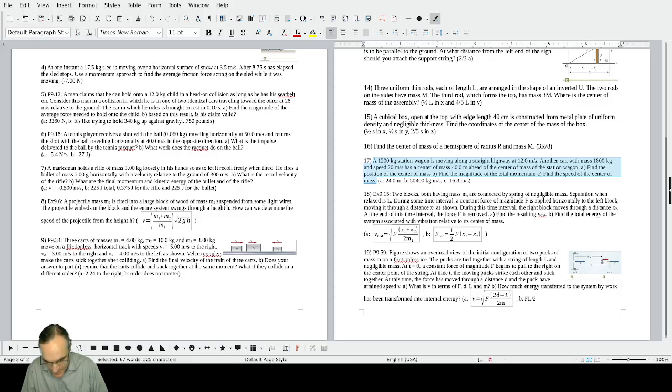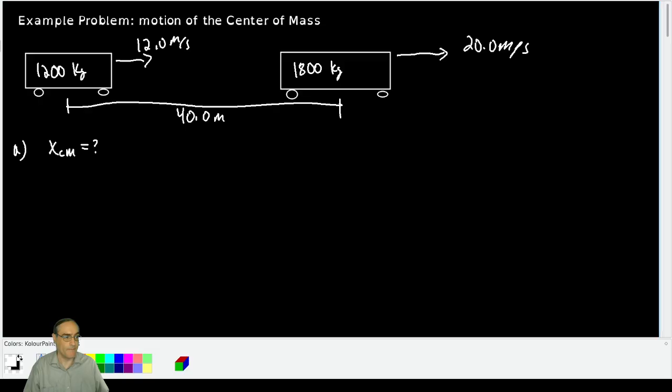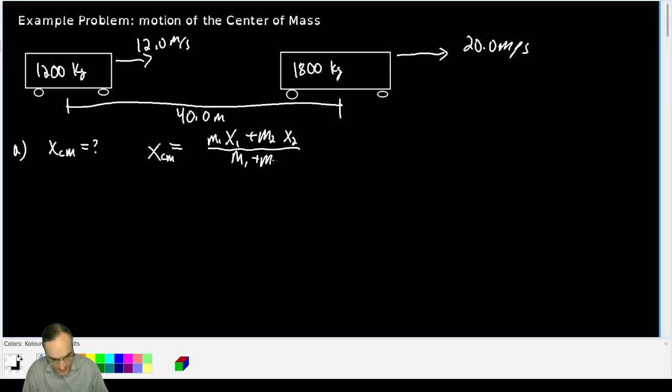All right, part A, find XCM. Okay, so here's what we get for a picture. We aren't concerned with the velocities at all at this point. We're just worried about m1x1 plus m2x2 all over m1 plus m2.